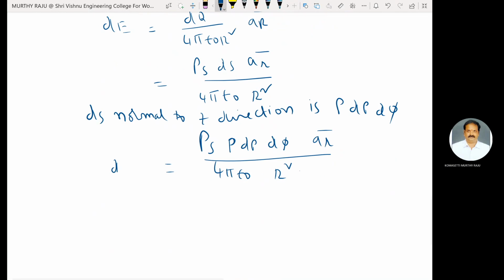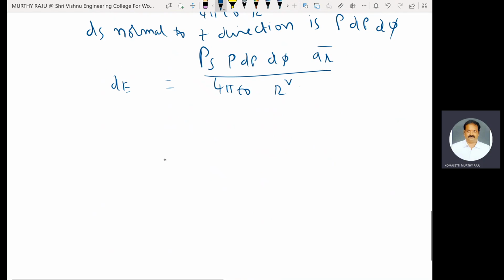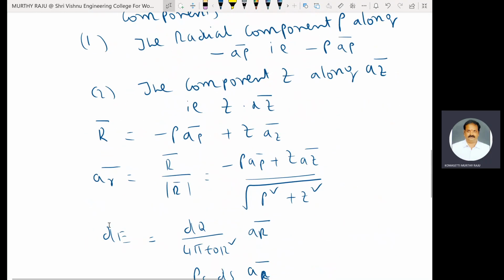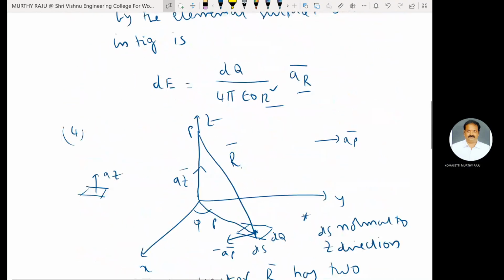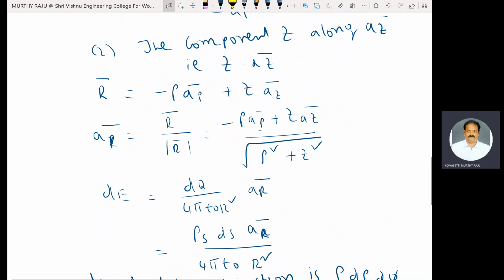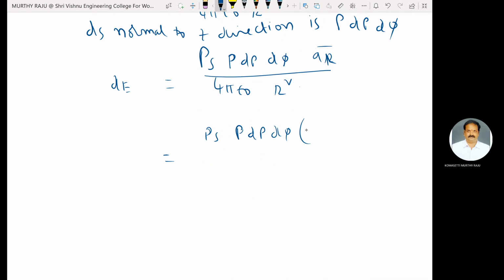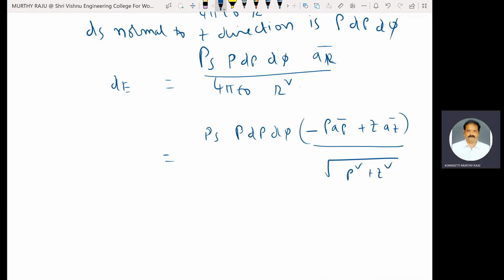So dE is equal to rho s rho d rho d phi a r bar by 4 pi epsilon 0 r square, where a r bar is equal to minus rho a rho bar plus z a z bar by square root of rho square plus z square, and r square is equal to rho square plus z square.